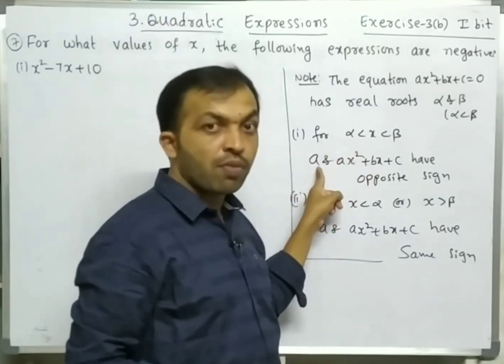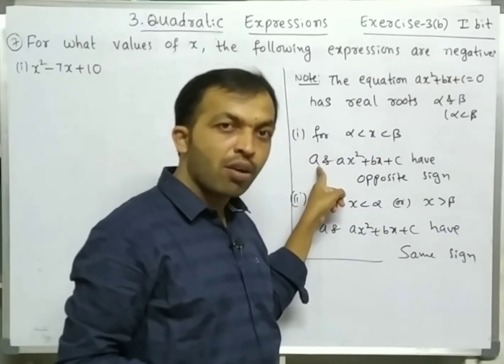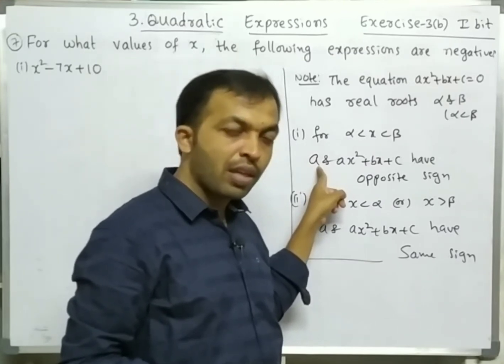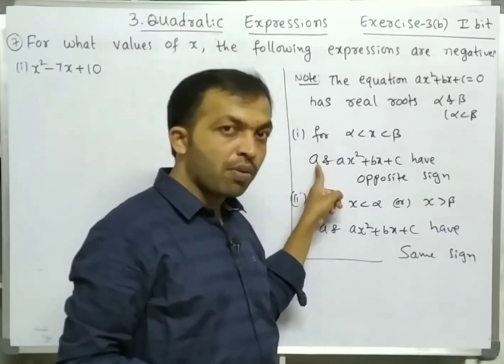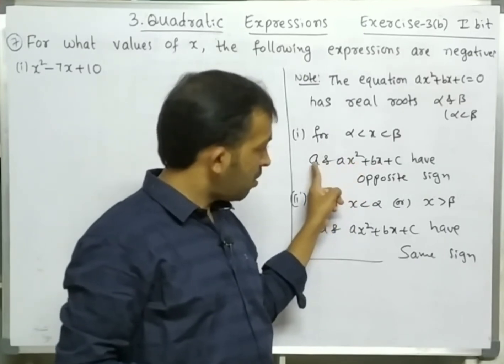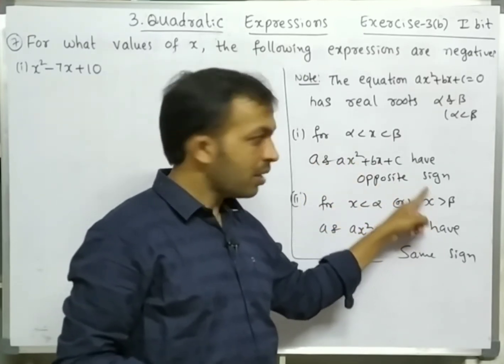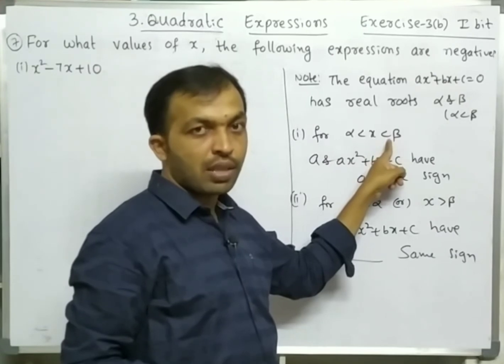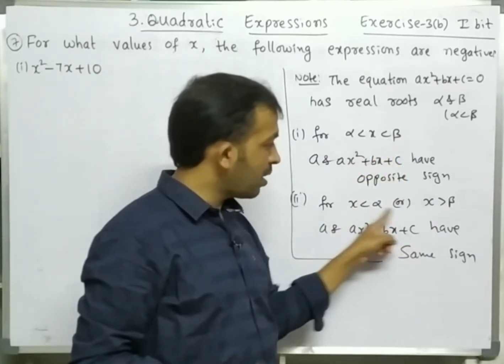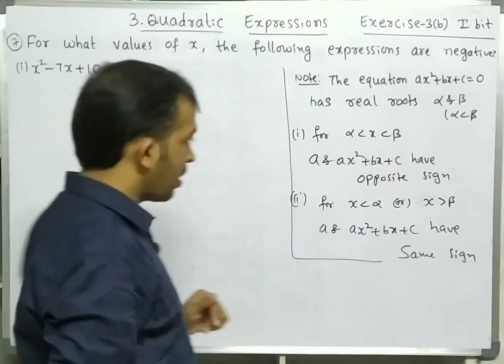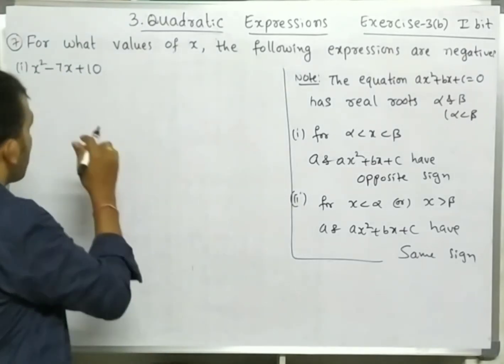First of all, we have to check the sign of the coefficient of x square, that is a. If it is positive and both have opposite sign, then alpha less than x less than beta. If both have the same sign, x less than alpha or x greater than beta. By using those conditions we can find.